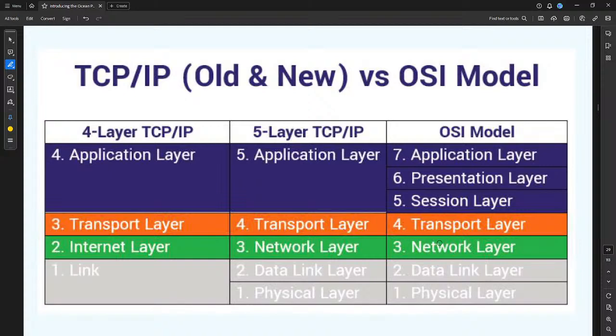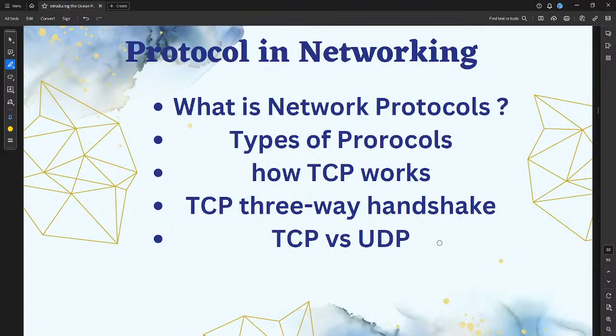So right now we have the 4-layer TCP/IP: the application layer, transport layer, internet layer, and then the link layer as well.